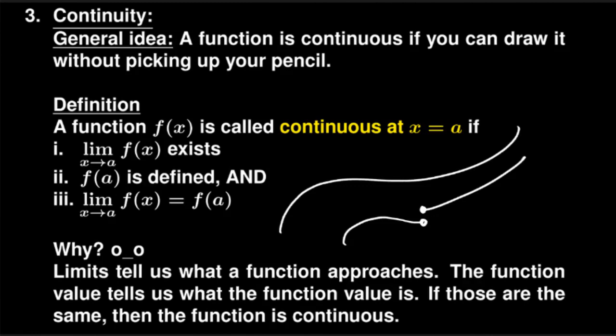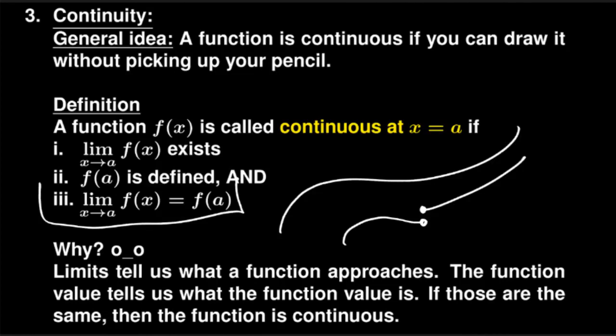So, what does this mean? The limit exists. That just means the function approaches a number. And here, f of a is defined. That just means the function has a value there. So this means that the function value and what the function approaches are the same thing.